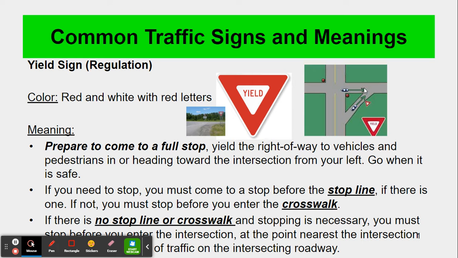It's a look down your left-hand shoulder after looking in your left mirror, and you're looking for oncoming traffic. You can bring your car to 5 miles per hour, that's fine. But once you see that there's a gap in the traffic, you need to bring your car up to speed so you're going into the flow of the traffic.